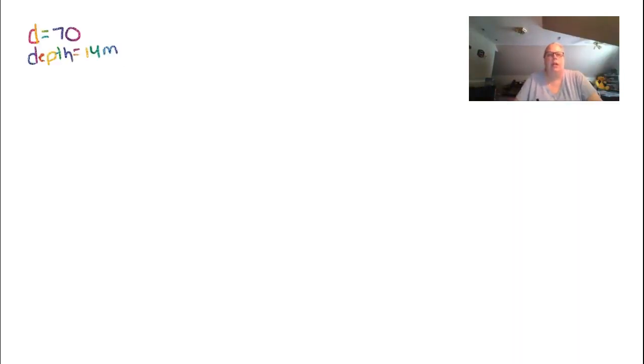Okay, so over here on this slide, I have written down the information that we know. First of all, we know that the diameter of our paraboloid is 70, and we also know the depth of it is 14. So if we draw a little cross-section of it right here, we know that this distance right here is 14. The depth is going to be 14, okay? We also know that this would be an endpoint, this would be an endpoint, which puts our latus rectum going right here.